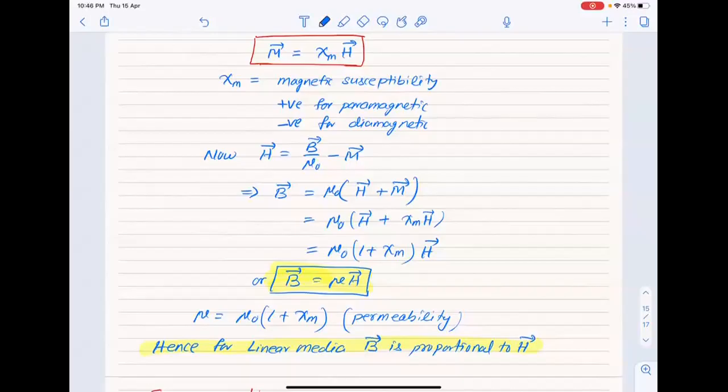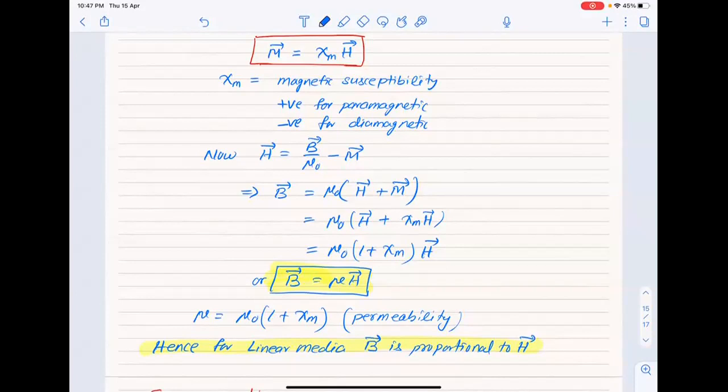The media, the materials which obey such a relation, B proportional to H, are known as linear media. Where you can write this kind of proportionality relation between B and H, you call them linear media. Now, what about nonlinear media?